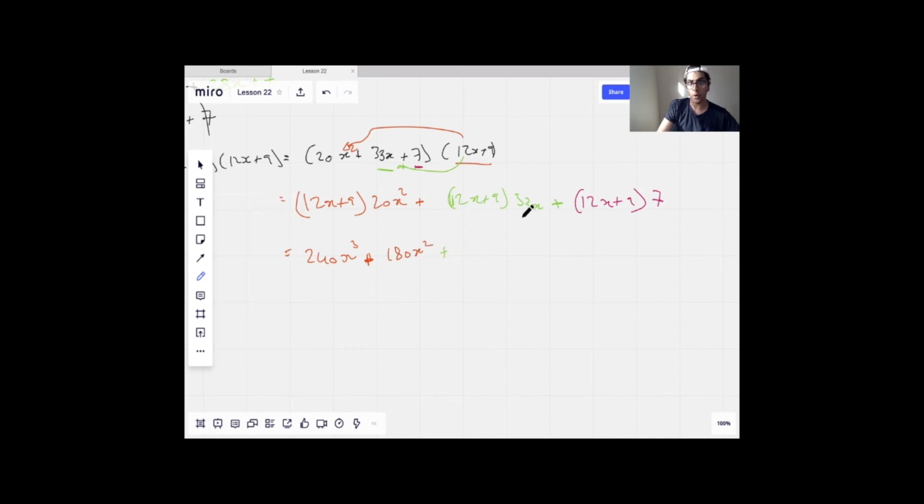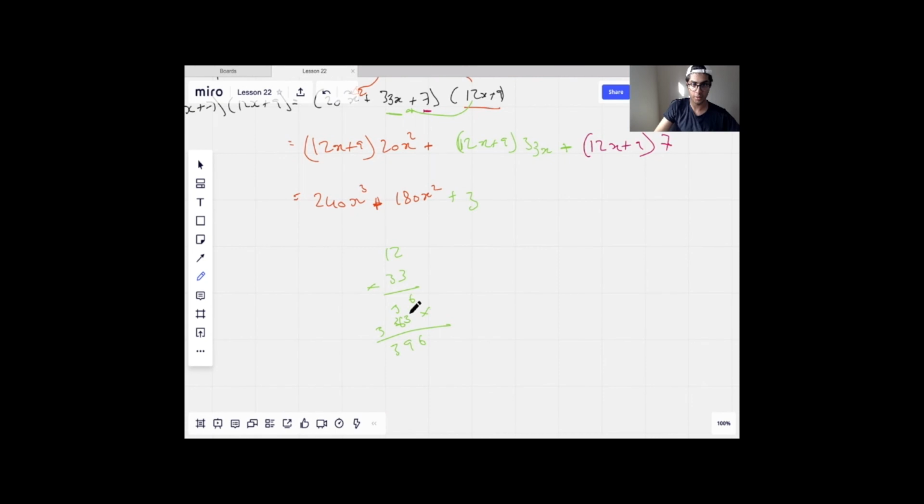Plus 12 times 33. Okay, I'm just going to do some cross multiplication. 2 times 3 is 6, and then 3, and then 3.